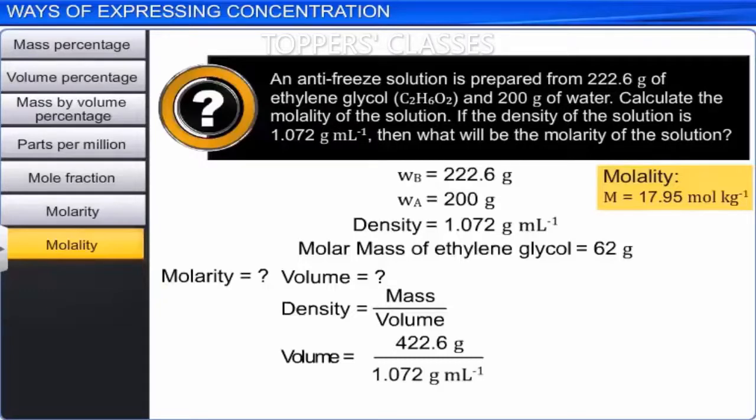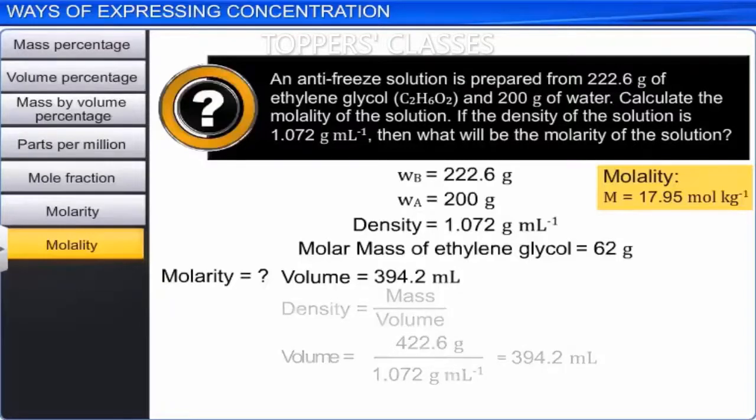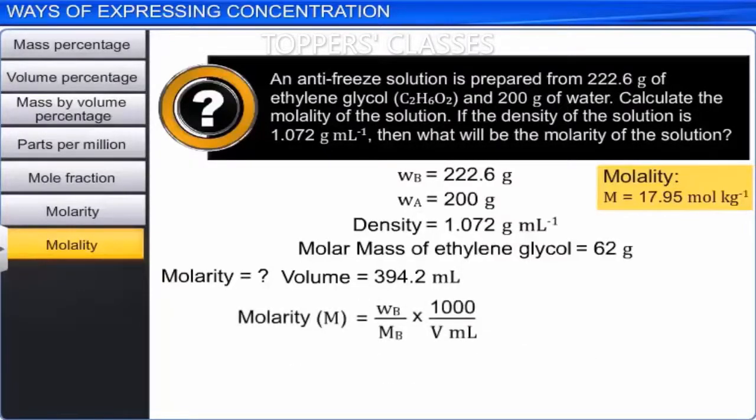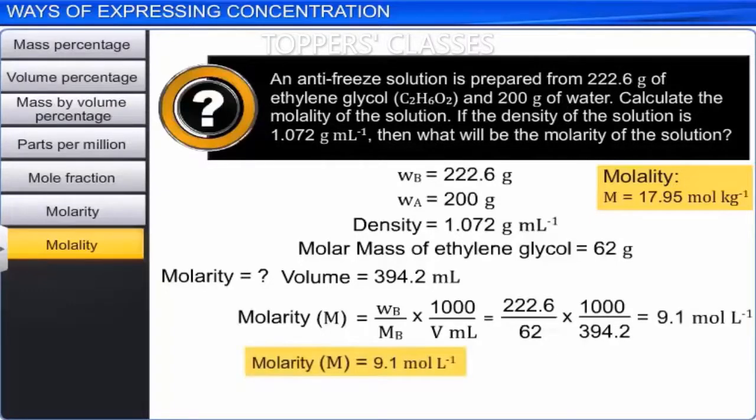Now substitute this value of V in the expression for molarity. Therefore, M is equal to 222.6 divided by 62 multiplied by 1000 divided by 394.2. On solving, we get M is equal to 9.1 moles per liter. Each method of expressing the concentration of solutions has its own merits and demerits.